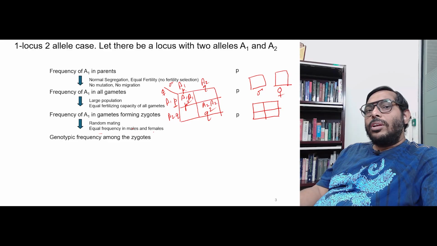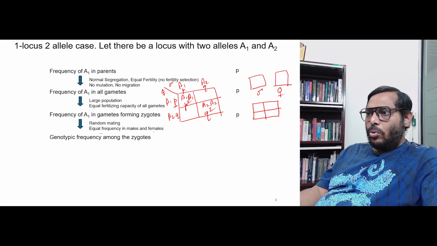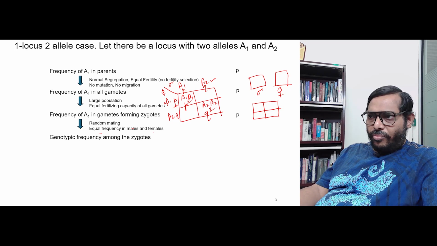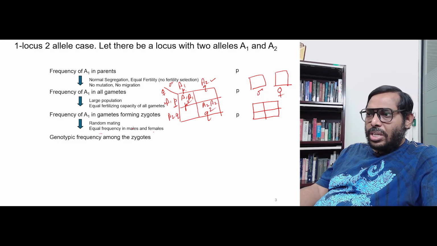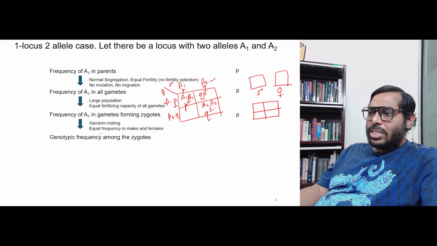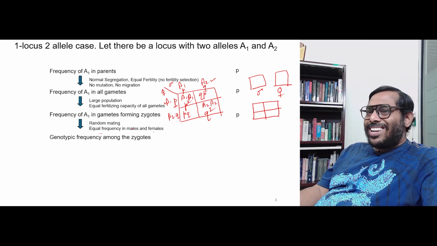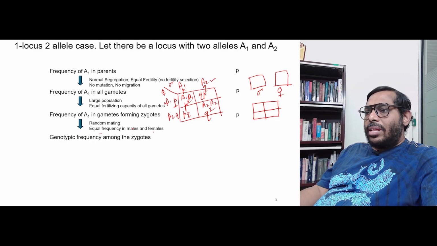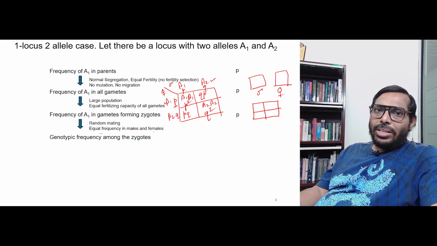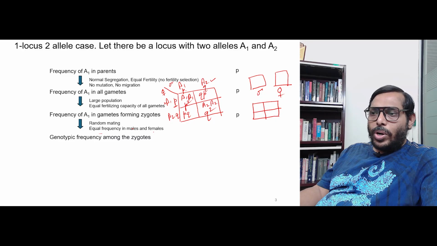Now, what is the probability of forming a heterozygote? You can form a heterozygote either by pulling an A2 gamete from a male and an A1 gamete from a female, the probability for which is going to be qp, or you can do it the other way around, in which case the probability is going to be pq. Assuming that it does not matter whether you are getting your A1 from your mother or your father, these two you can consider pq equal to qp.